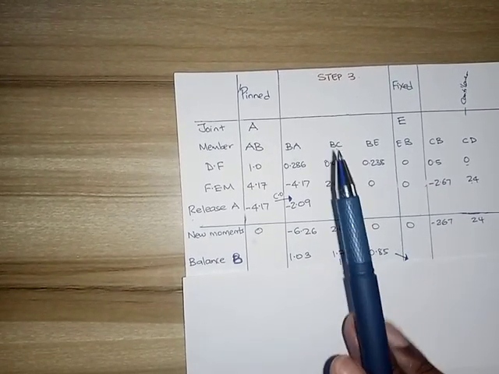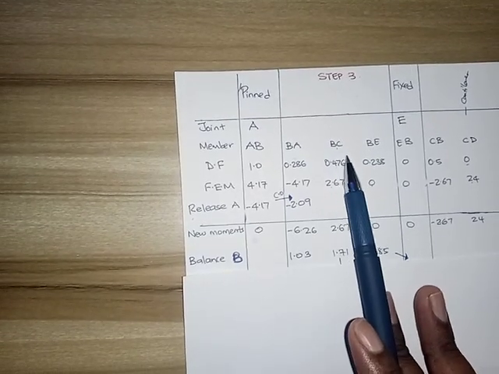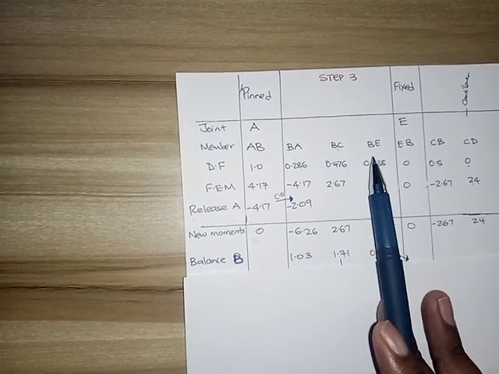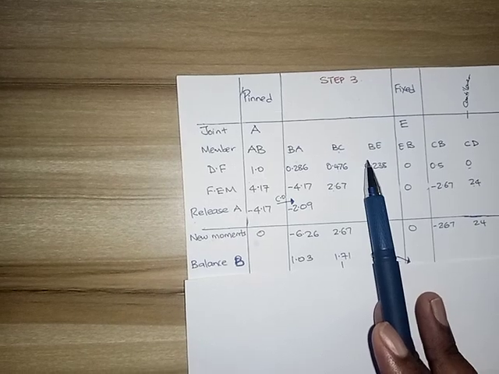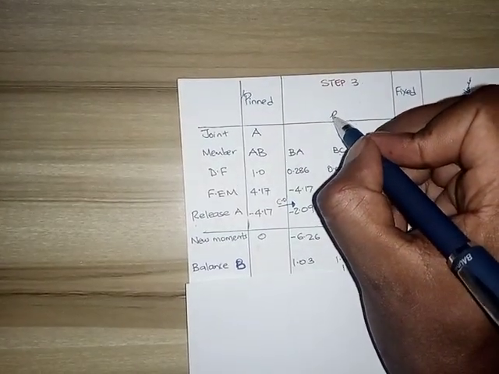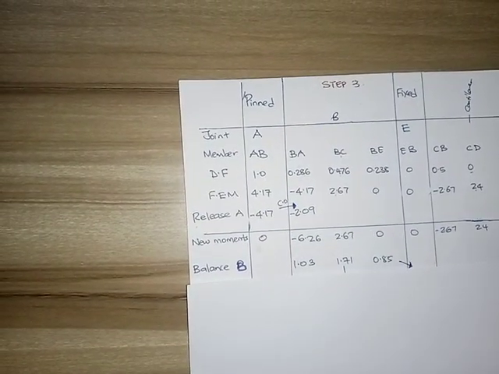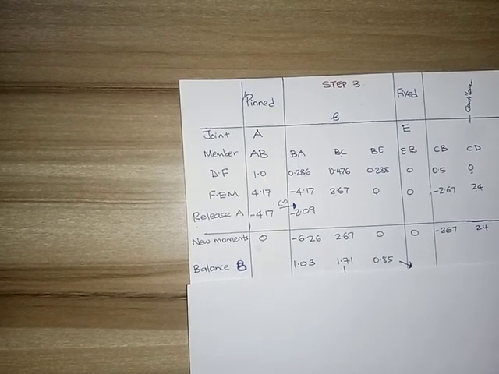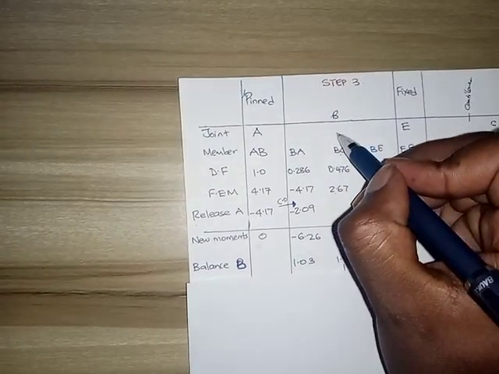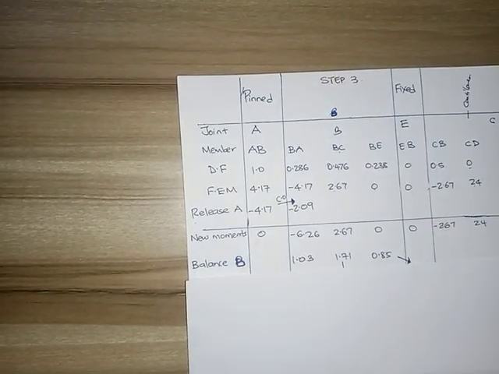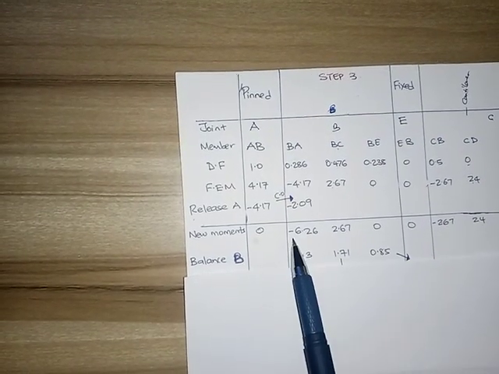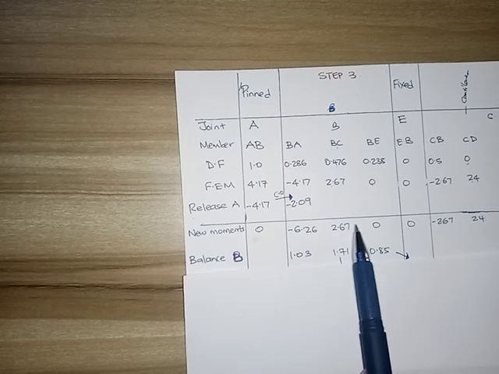So the out of balance moment in joint B. In joint B, this is B, and this is C. Sorry, this is B. So it's a summation of all these three moments: this one, this one, and this one.